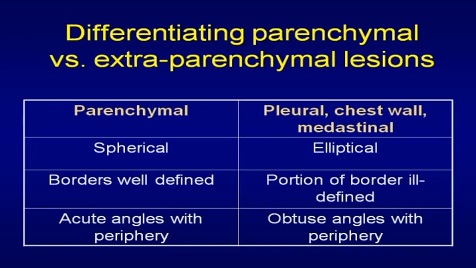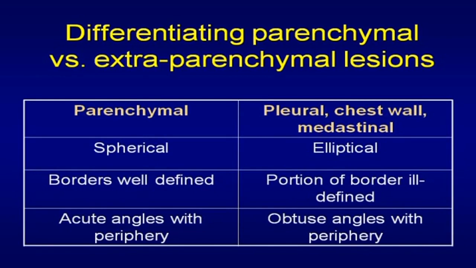Things in the lung are surrounded mostly by air, so they tend to be fairly sharply defined most of the way around. Things in the pleura, half of it's bordering air and half of it's bordering the chest wall. So at the best, you'll see half of it, and the rest of it will be obscured or silhouetted out by the chest wall. And you turn that patient, and even subtle differences in obliquity of the X-ray will make lots of borders indistinct.